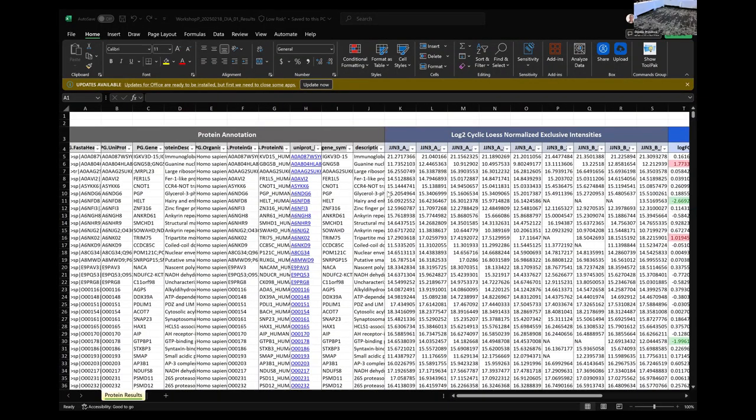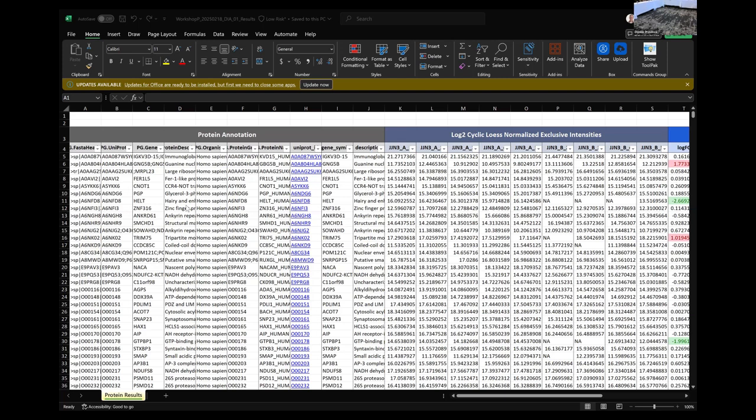So then the other thing that we get is what we call the differential analysis worksheet here. And again, we put all that back together again. Over here, you've got your protein annotation, and these are all filterable. So you can filter by these guys differently.